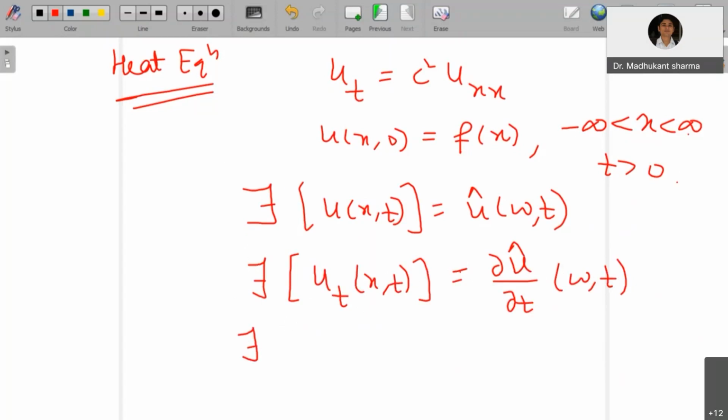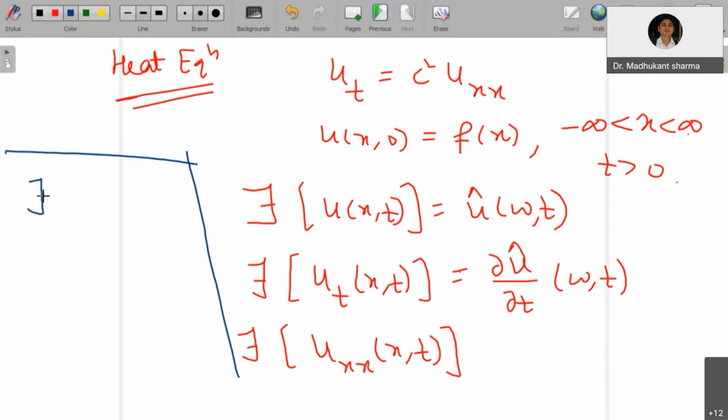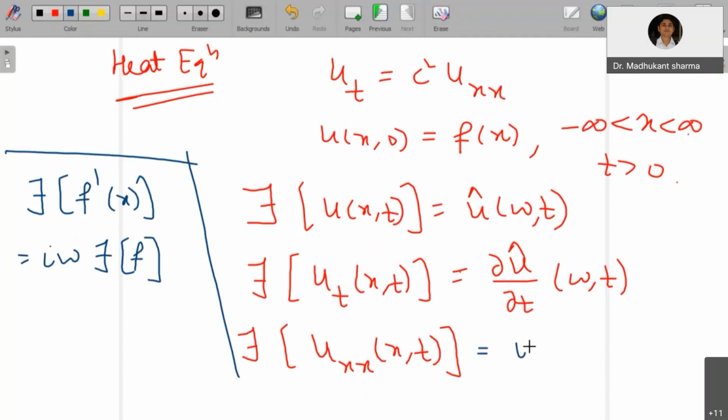Further, for u_xx, let me recall that the Fourier transform of f dash was i w times the Fourier transform of f. Here there are two derivatives, so it will be i w twice, and you can verify that it is (i w) square times u cap of w comma t.